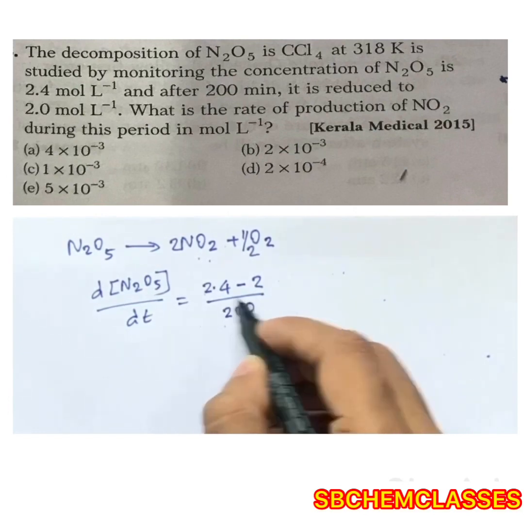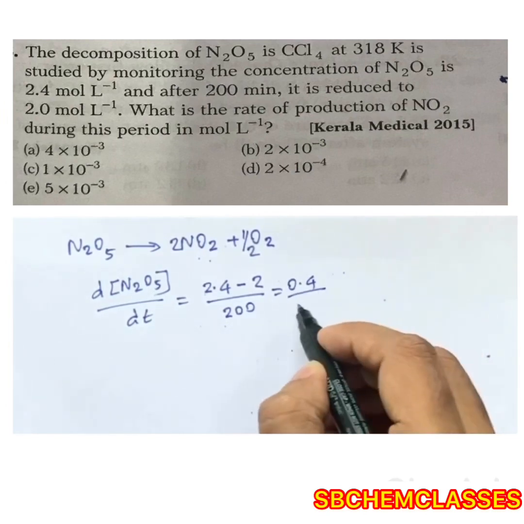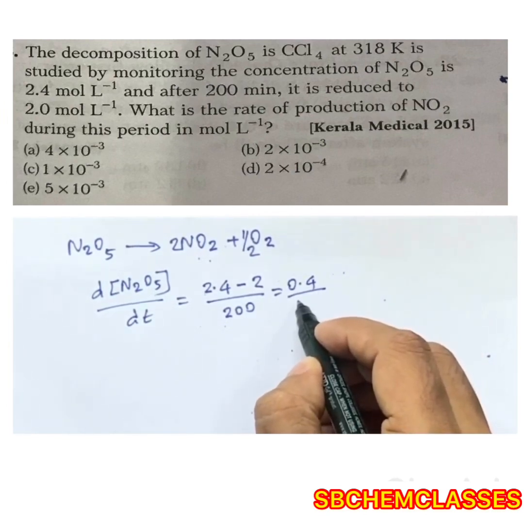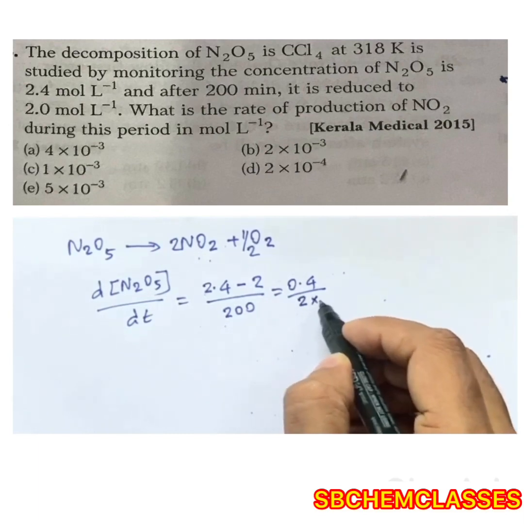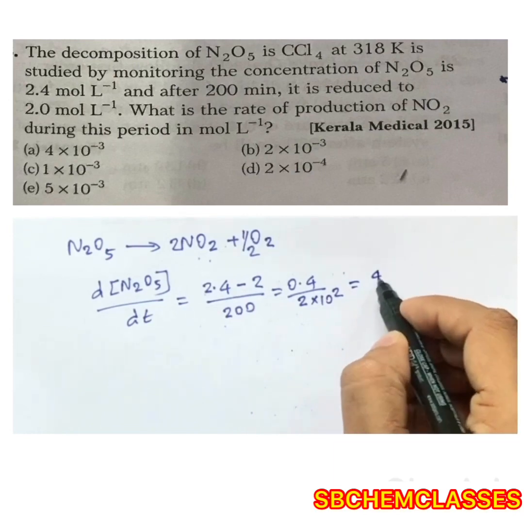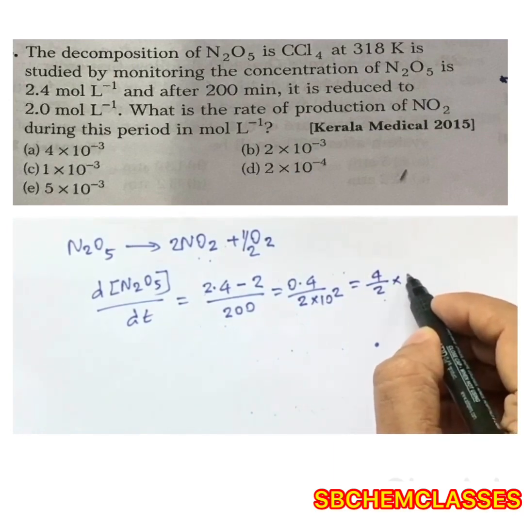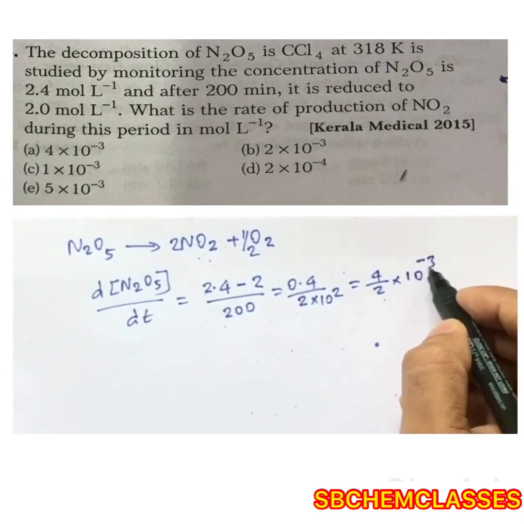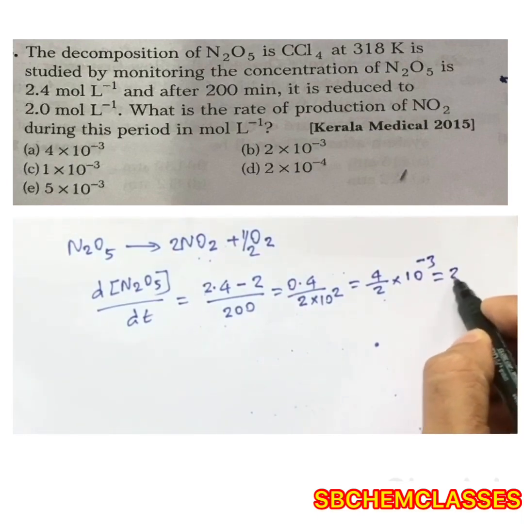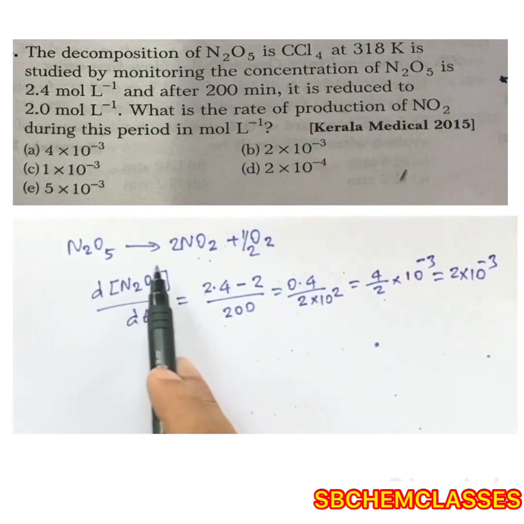So this is 0.4 by 200, which can be written as 2 into 10 raised to minus 3. This is the rate of disappearance of N2O5.